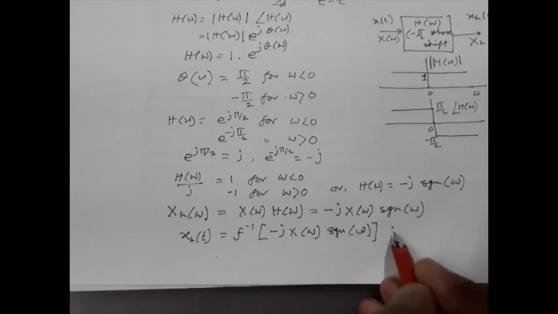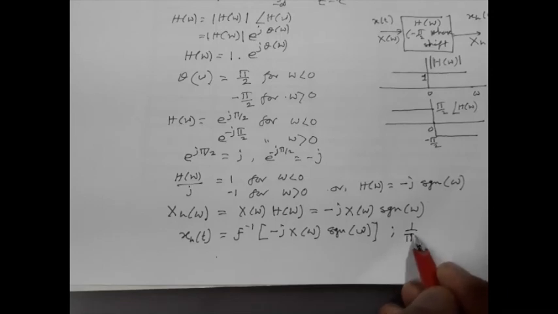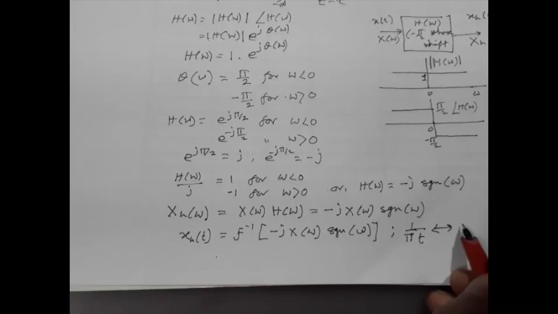Now we know that 1 by pi into t, its Fourier transform pair is signum function.